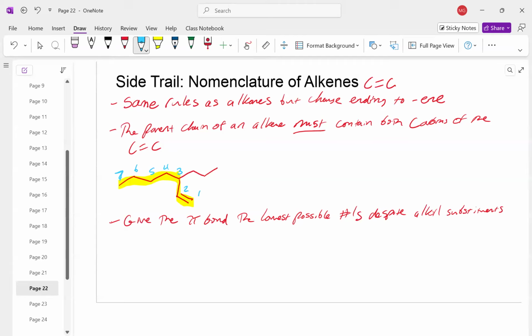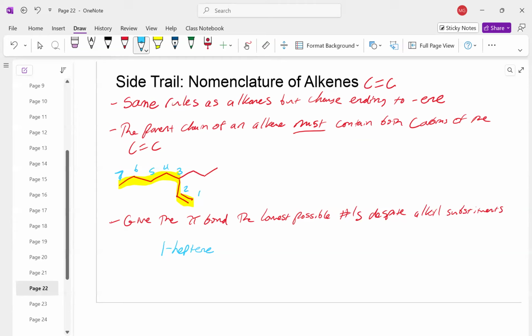So when I go to name this, let's just name the parent chain first. I would say 1-heptene. The 1 tells the reader that the double bond starts on the number 1 carbon and ends on the number 2 carbon. You don't have to put both numbers. In fact, it's wrong to say 1,2-heptene.